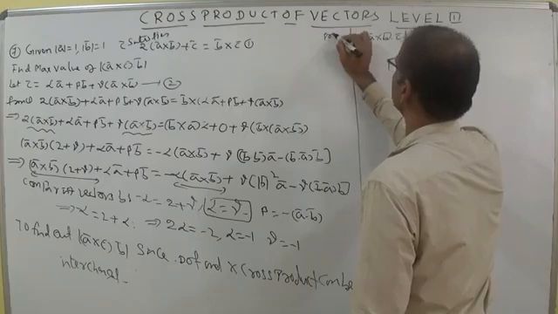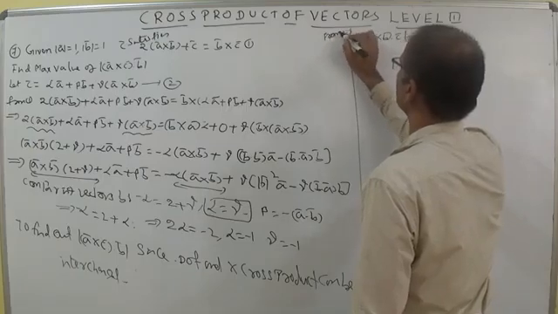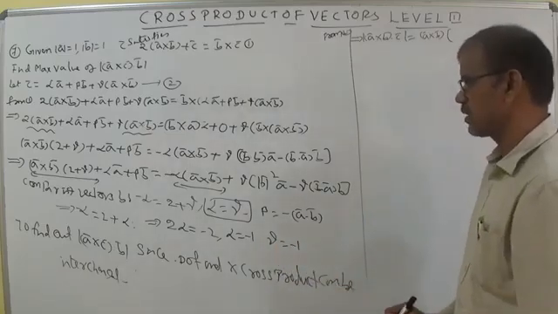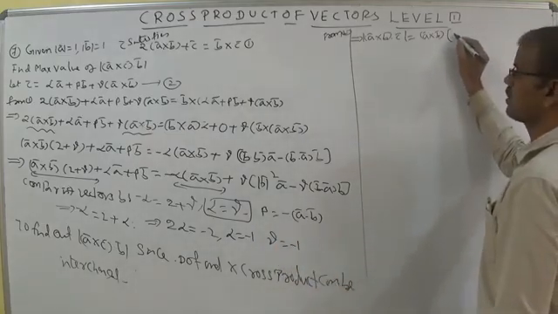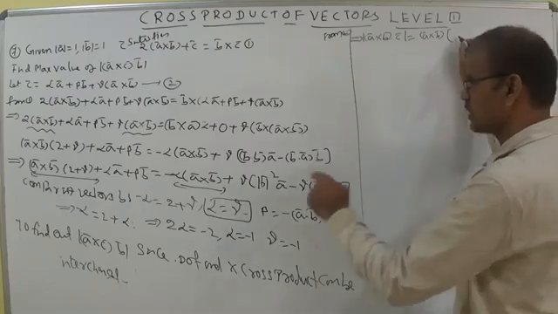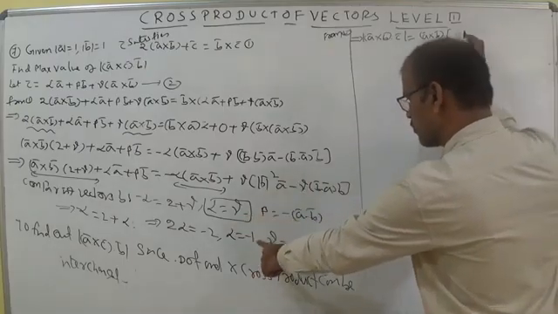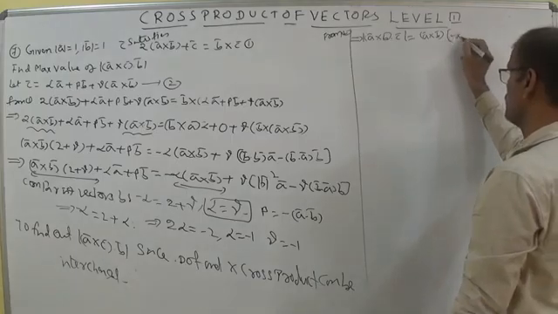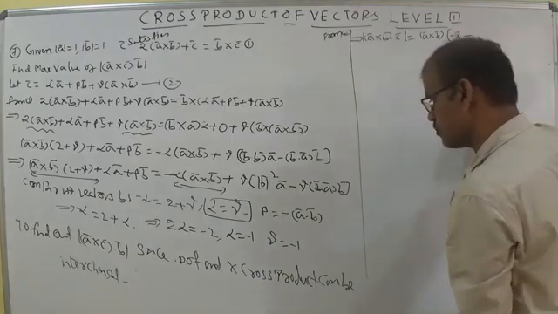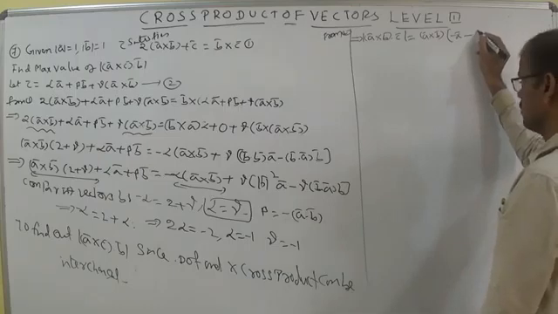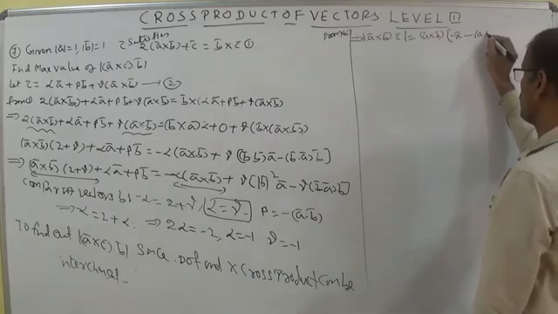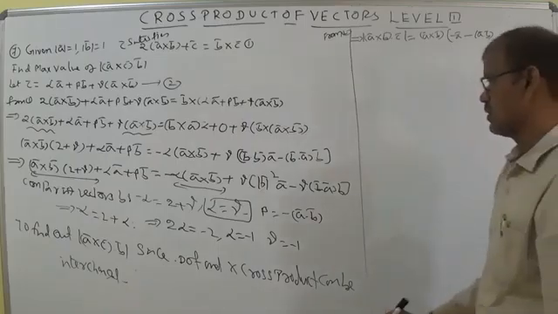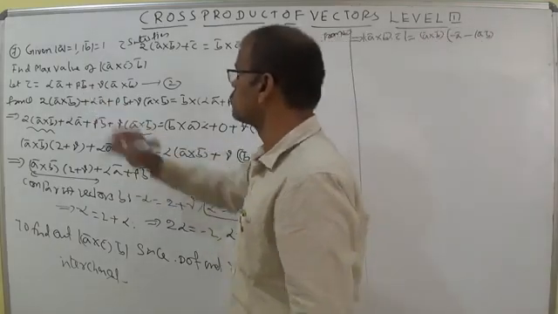Using the second equation, what values we got for C, alpha, beta, gamma, then A cross B into, instead of C I am writing, what is the value of alpha? Minus 1. So minus A bar you write here. What is the value of beta? Beta value is minus of A bar dot B bar into B bar.